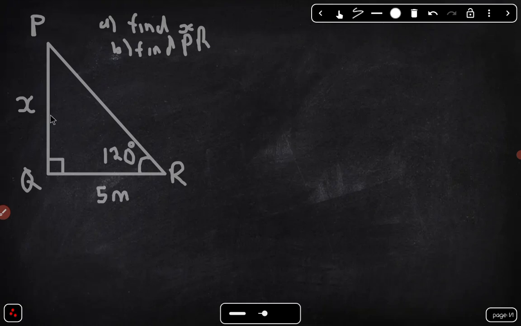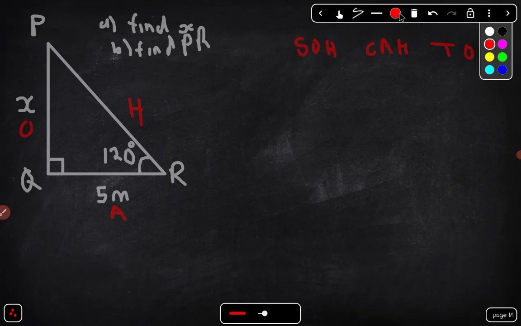Okay, so to find x, we use the trigonometric ratios. This one, as always, never changes. This is your hypotenuse, your angle is here where it's pointing, this is your opposite, and this one will be your adjacent. So you write your SOHCAHTOA.